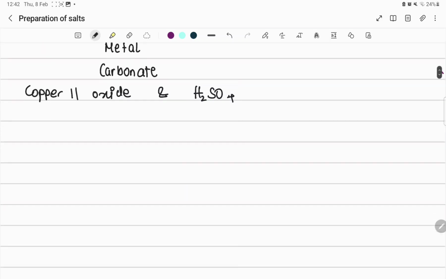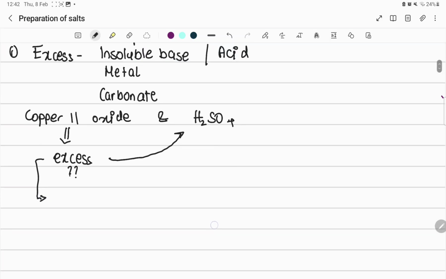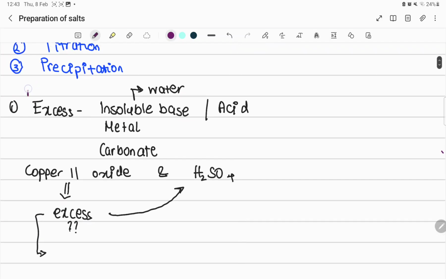So first of all, you're going to add excess copper oxide into sulfuric acid. Now they're going to ask you why excess, and this is a very common question. Why are you using excess copper oxide? Excess meaning more than the adequate amount, meaning sufficient.